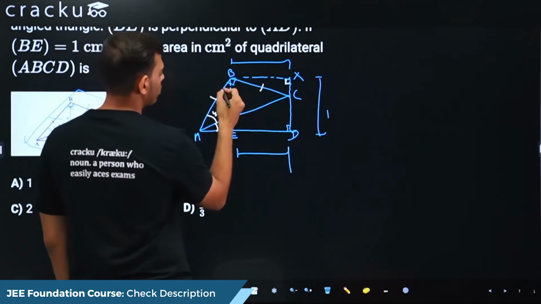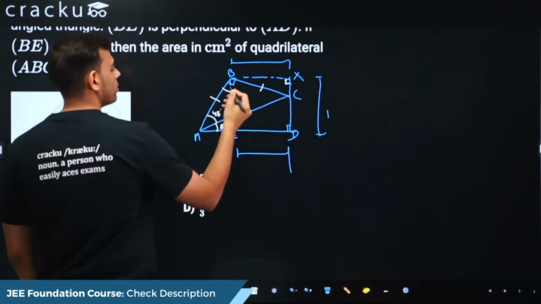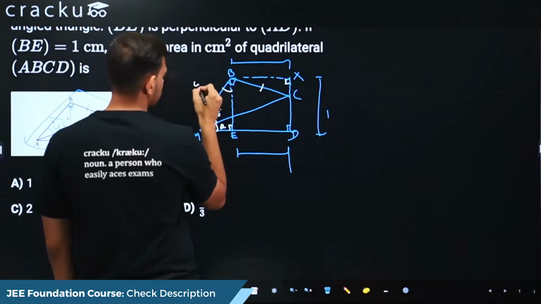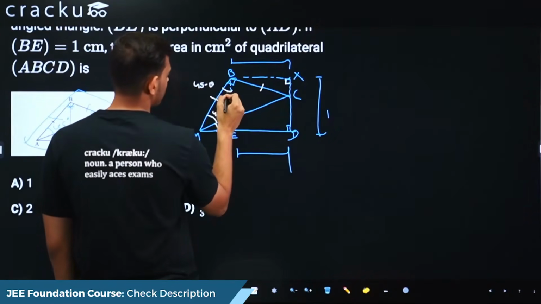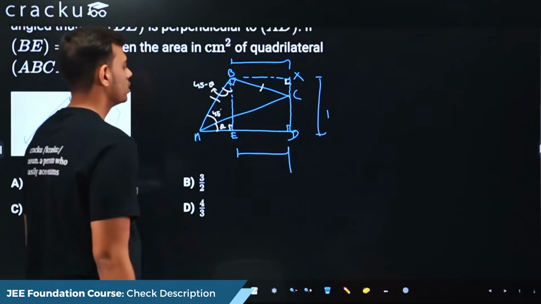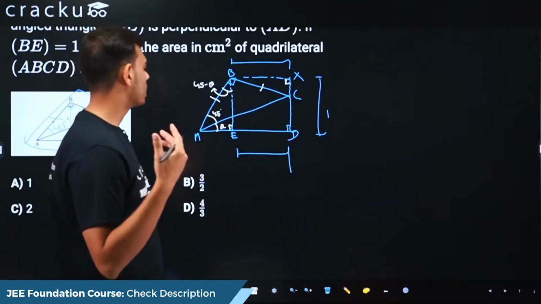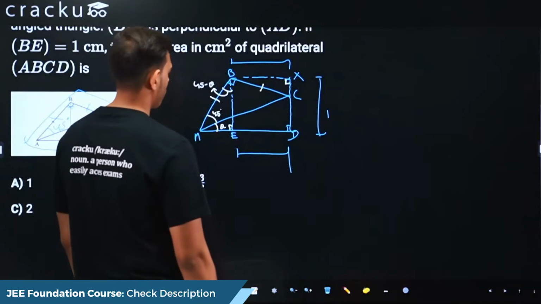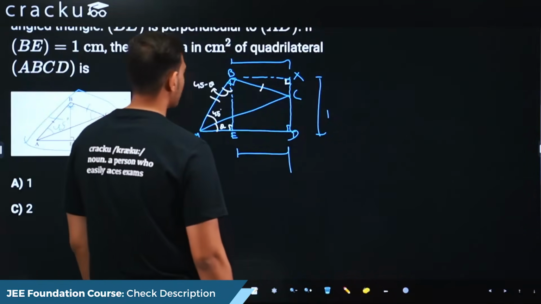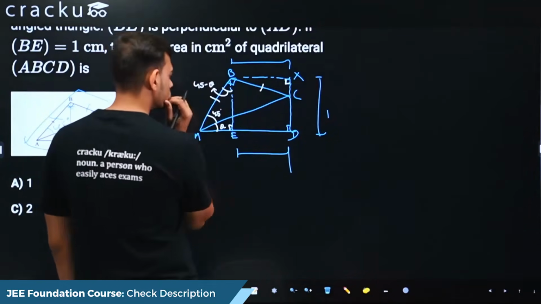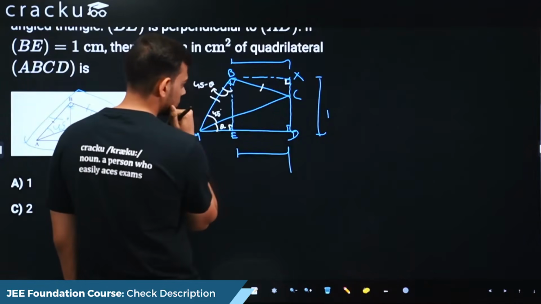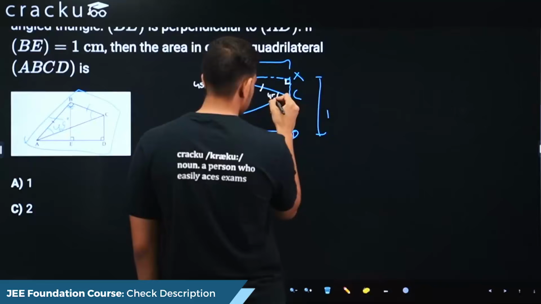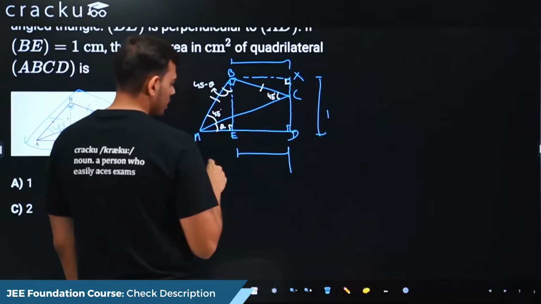So this will come out to be 180 minus 90, 90 minus 45, 45 minus theta. This angle will be 45 minus theta, using the property that all interior angles sum up to 180 degree. Now, this is 45 minus theta, and this is 45. This is also 45. This is theta.